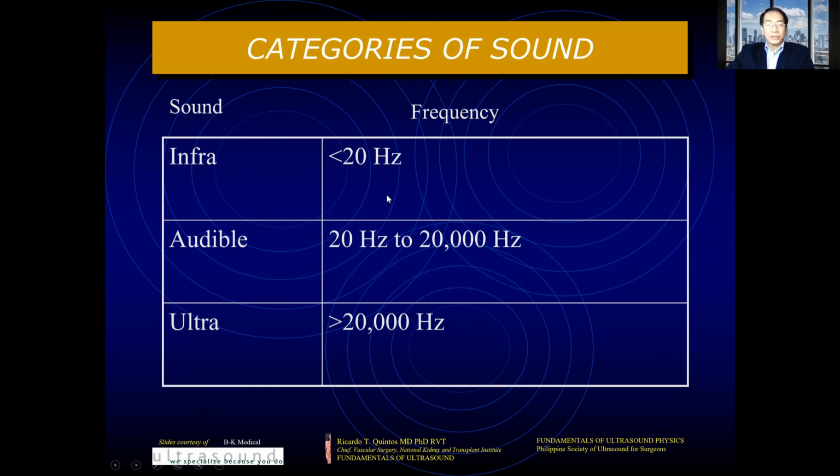Below 20 hertz, it is too low for humans to hear, and that is what is categorized as infrasound. Above 20,000 hertz is ultrasound, and that also is beyond the range of human hearing. But many other animals may be able to detect infrasound, such as whales in the ocean, and ultrasound can also be detected or heard by other animals, such as bats and other insects.